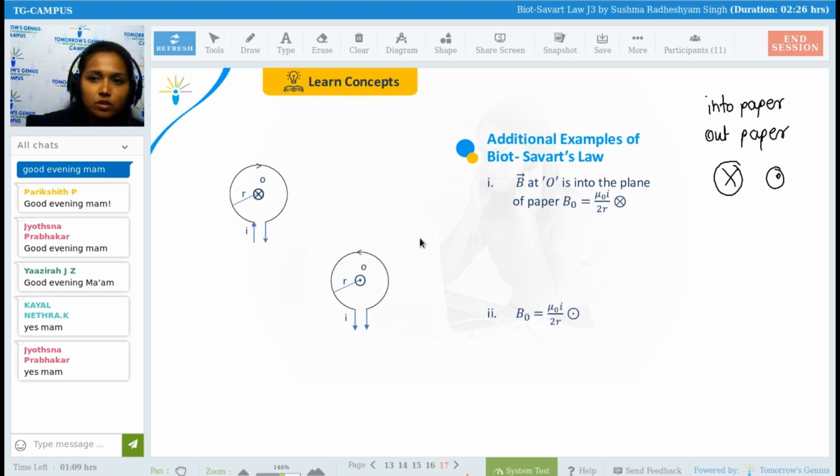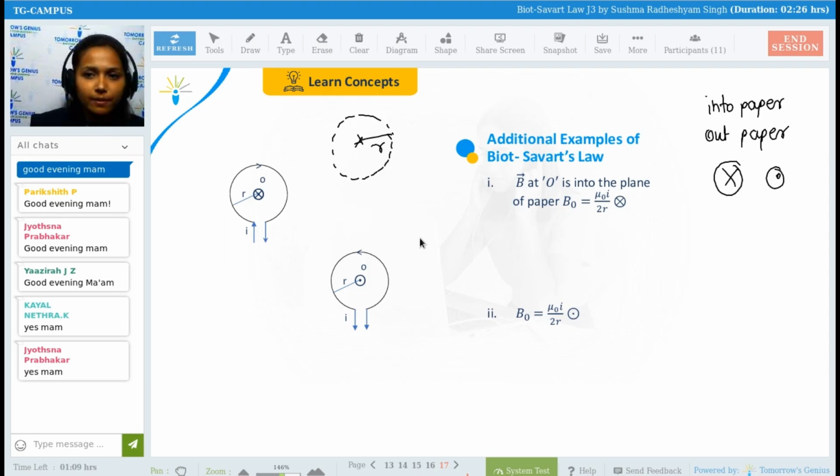Okay. So now in the first system, there is a cross, that means there is a magnetic field, and this magnetic field is at distance r, and they want to know what the magnetic field is here. So what is the formula for the magnetic field due to any circular structure?